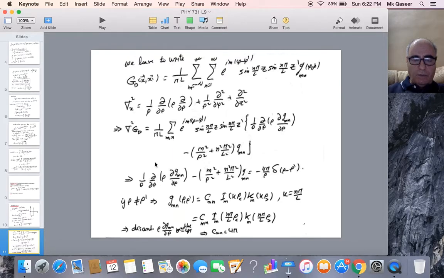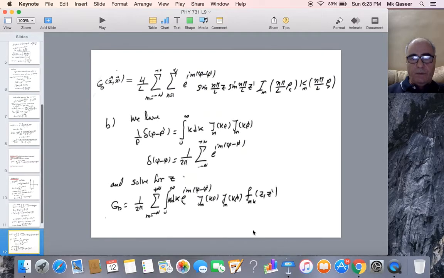We can refer to this equation and integrate from ρ = ρ' − ε up to ρ = ρ' + ε. This gives us the constant equal to 4π. Now substituting back in the equation for the Green's function, we get this expression, which is the required form.